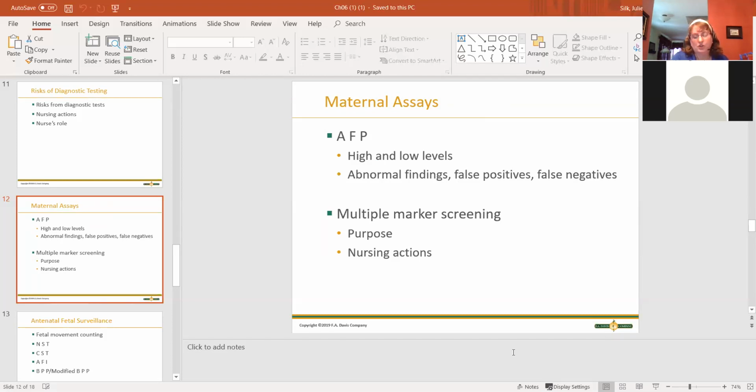The multiple marker screening combines all 3 chemical markers: the alpha-fetoprotein, human chorionic gonadotropin, and estriol levels. With maternal age, they look at this to detect some trisomies and neural tube defects. This can be done within 15 to 16 weeks gestation. Some of the things you'd watch for with this test: if you had low levels of alpha-fetoprotein and unconjugated estriol, this is going to suggest an abnormality.